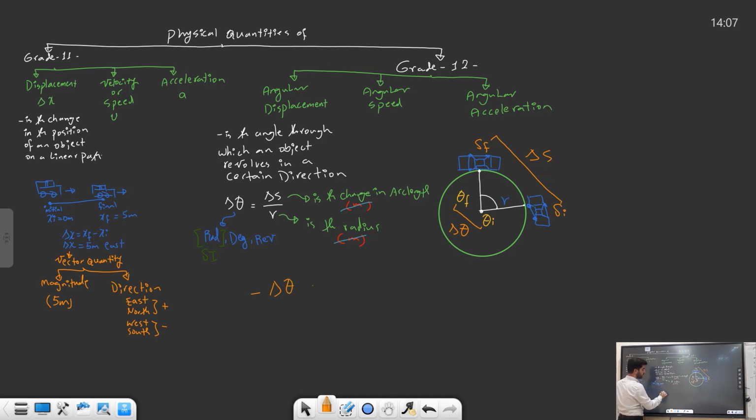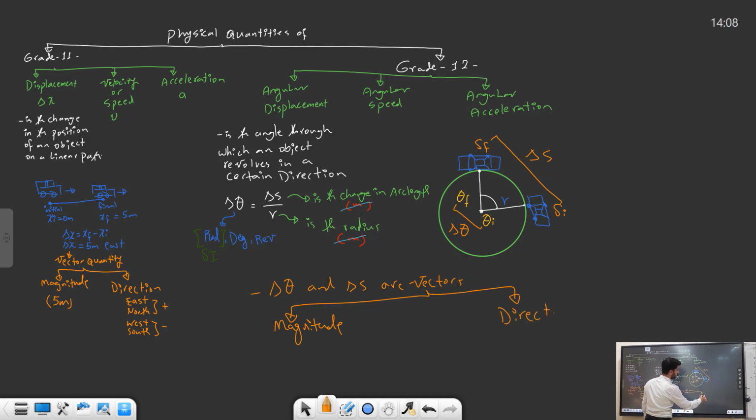These two quantities, delta theta and delta s, are also vector quantities, so they have magnitude and direction. The magnitude can be any angle, measured in radians, guys. It could be 90 degrees, which is equal to pi over 2 radians.